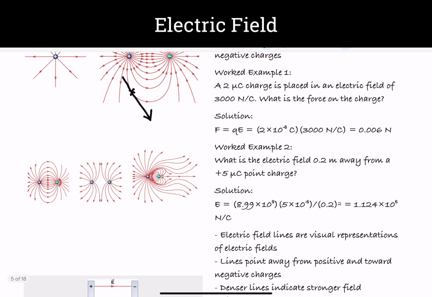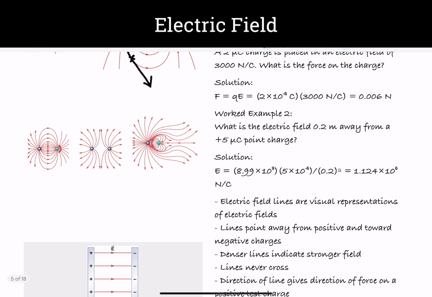A similar example here: what's the electric field 0.2 meter away from a +5 microcoulomb point charge? Okay, it's a similar example, but the formula is different. Remember this formula, F is equal to K Q1 Q2 over R squared.